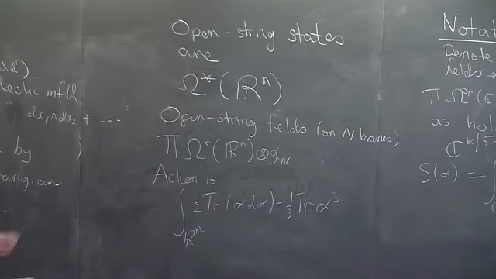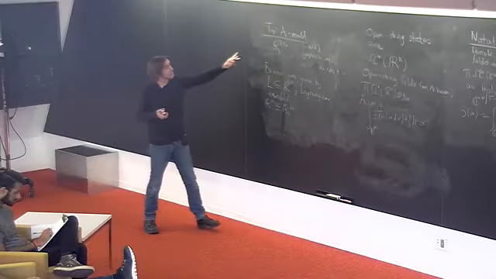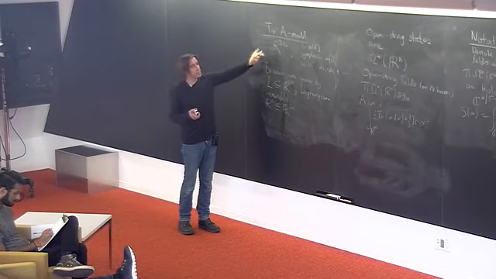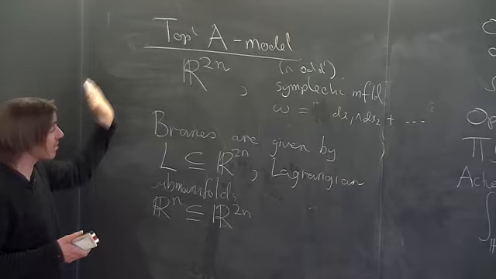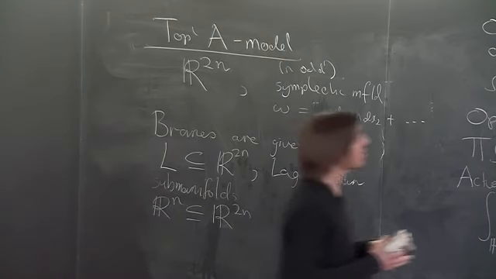So I'm going to consider one more variant. What we're really going to be interested in to describe type 2A is something slightly funny, which is an A model in some directions and a B model in other directions.